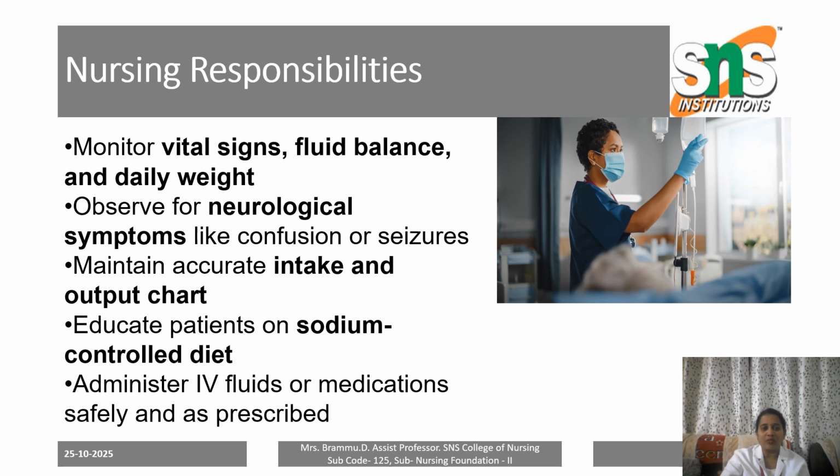Being a nurse, start with vital signs, maintain the fluid balance, maintain daily intake and weight, as well as the IO chart. You're going to closely monitor the neurological symptoms, administer the IV fluids as prescribed to the patient, and try to have restrictions on salt as well as fluid as per the condition.